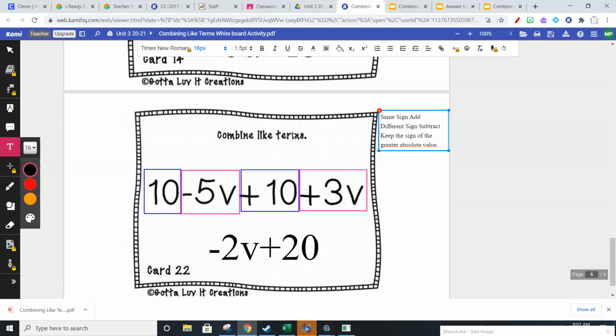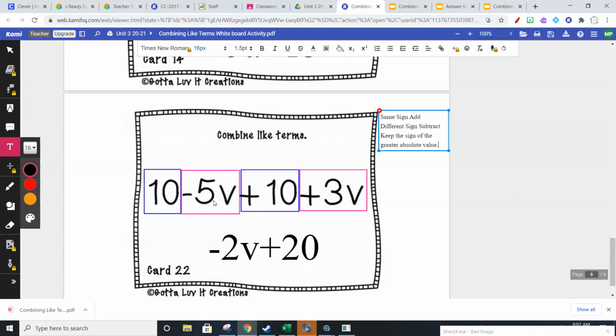Those are our integer rules for when we're adding, and we can consider this adding if we consider that where it says subtraction, instead of thinking of it as subtraction, this is just a negative sign, because adding a negative is the same thing as subtracting a positive.